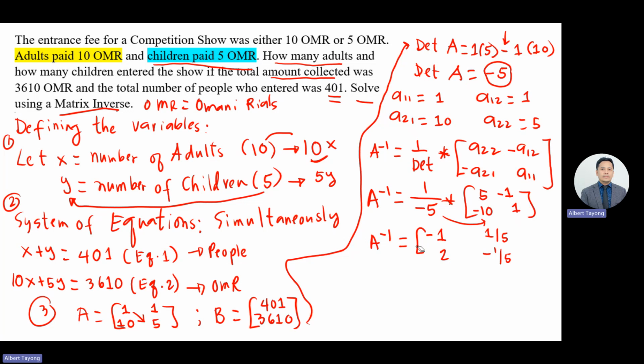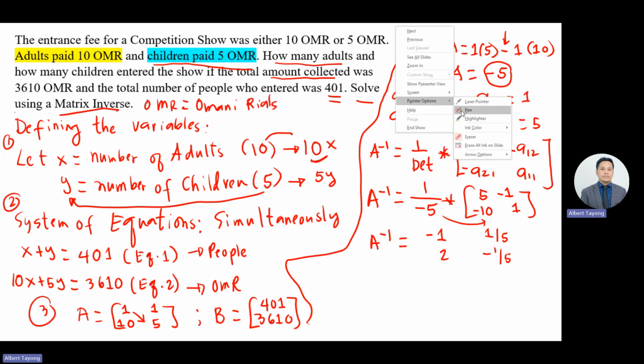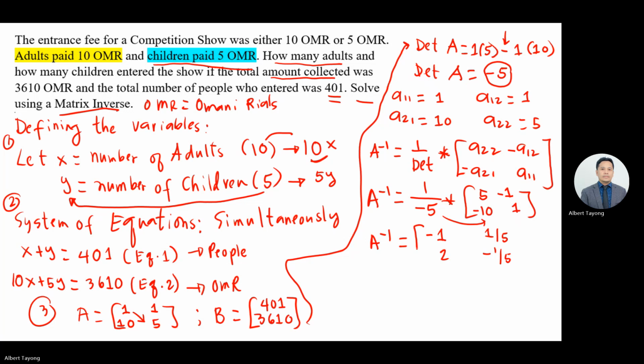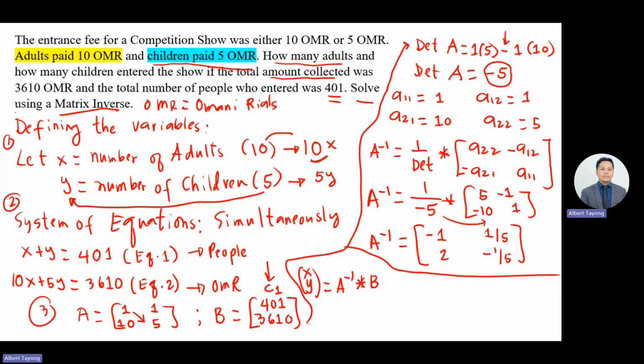Now the next step is to find the values of X and Y. Basically, the formula is the inverse times the B. Now, our B contains only one column, as always. For a system of equations, our matrix B will have only one column.